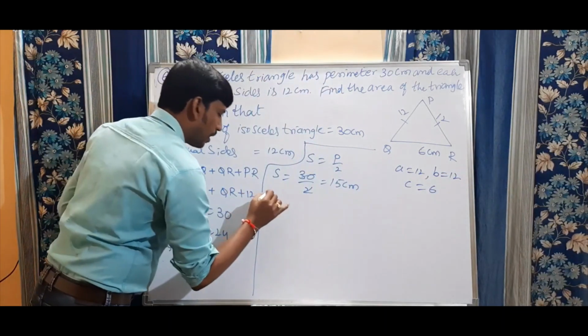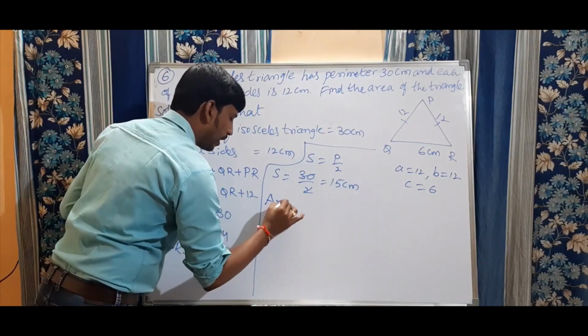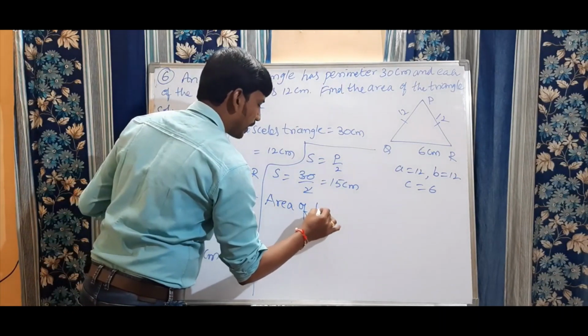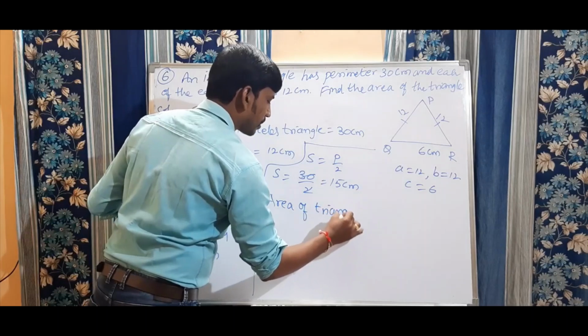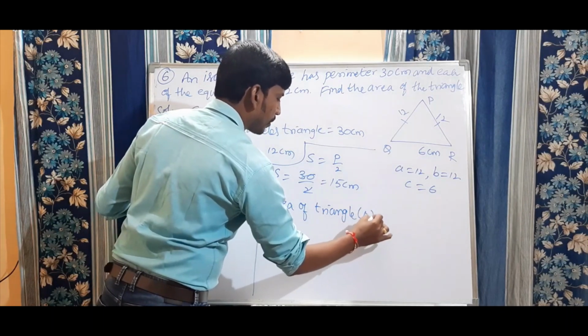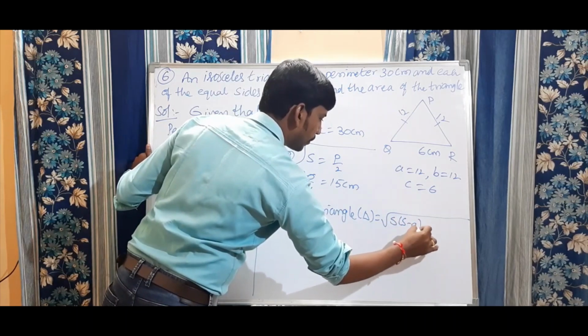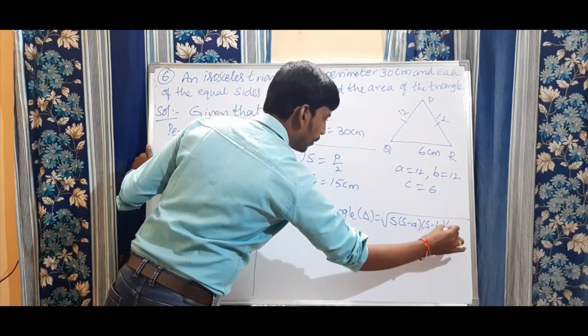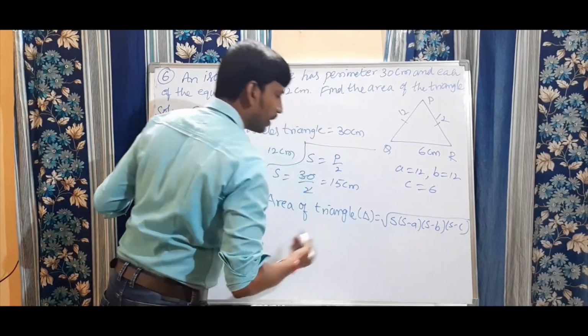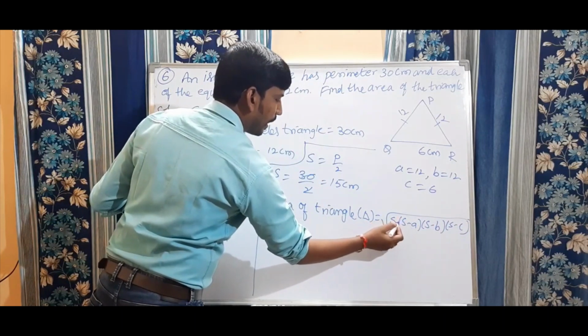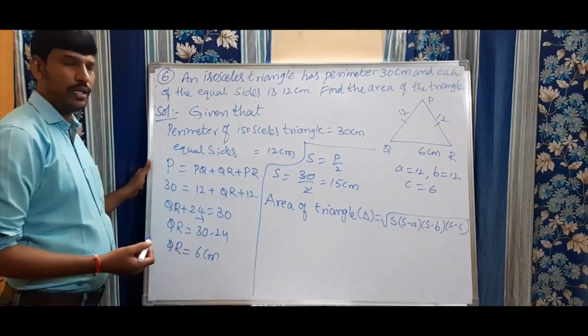Clear? Now the area of an isosceles triangle, delta, is equal to, what is the formula? That is the root of S into S minus A into S minus B into S minus C. Substitute the S value, A value, B value and you will get the solution.